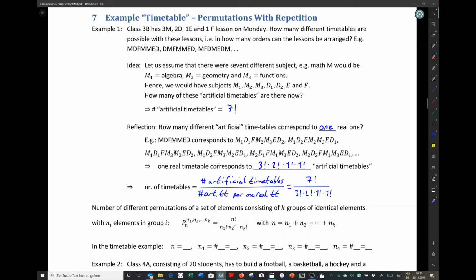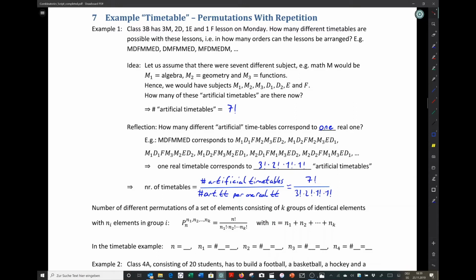So generalized, this means we have k different elements, and of these different elements, the first element occurs n1 times, the second one n2 times, and so on, nk times the kth element. So summing up the different numbers of how often each of the elements occurs, we get in total, we call that n.